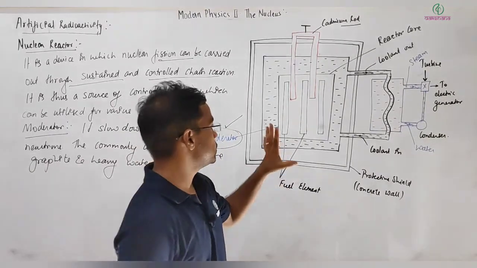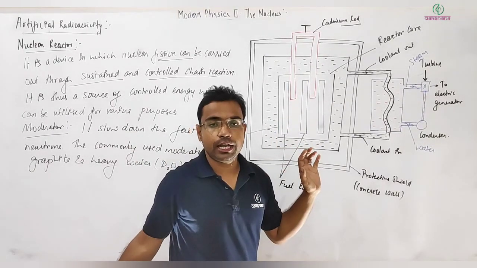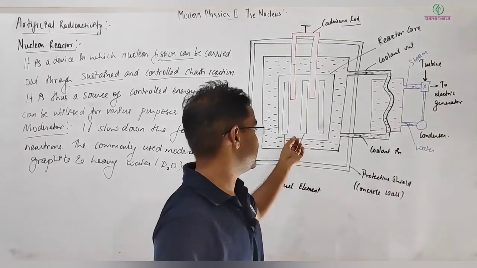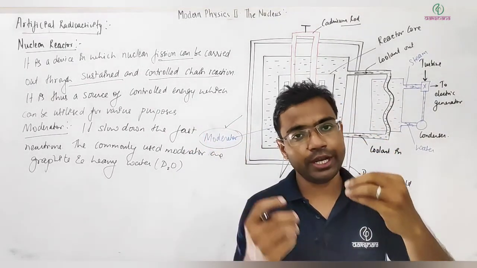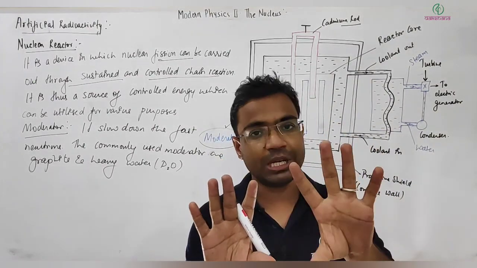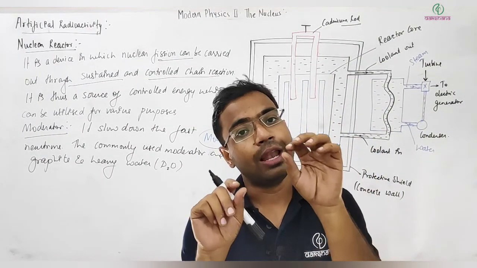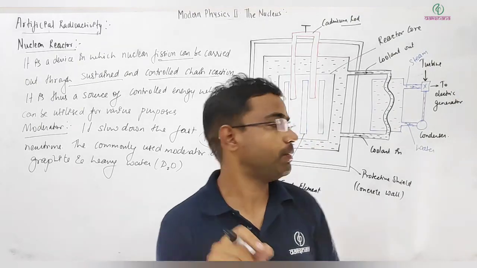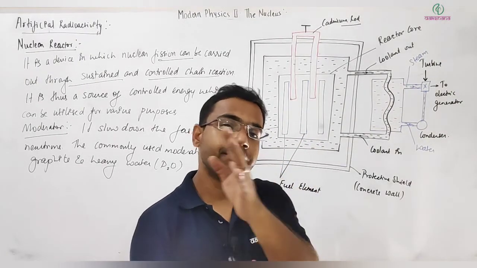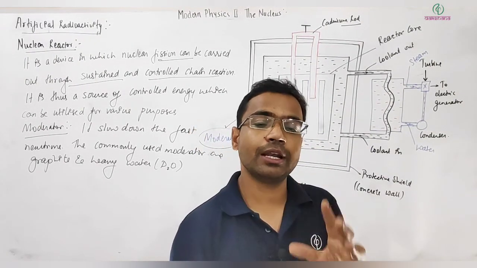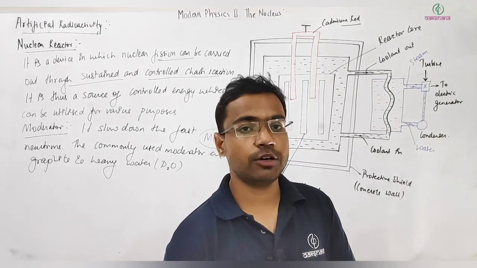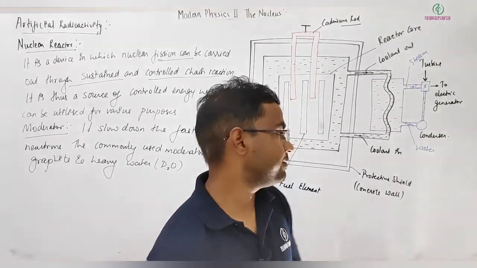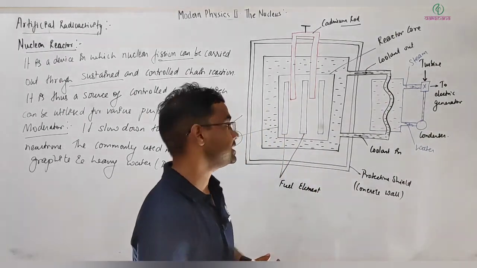Next point. Just as we saw in the last topic, the chain reaction: it should now be clear how, with the help of the moderator, we reduce the speed of fast neutrons to slow neutrons so that they can be used for further fission of uranium, the fuel rods or fissionable material.